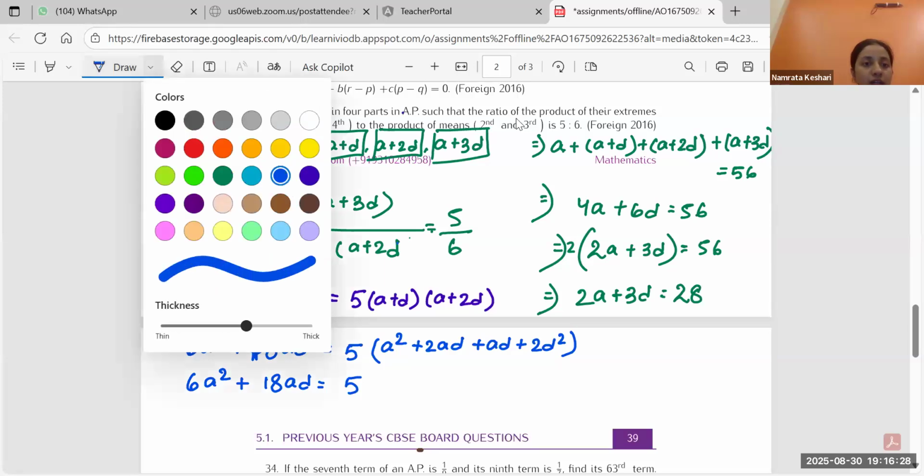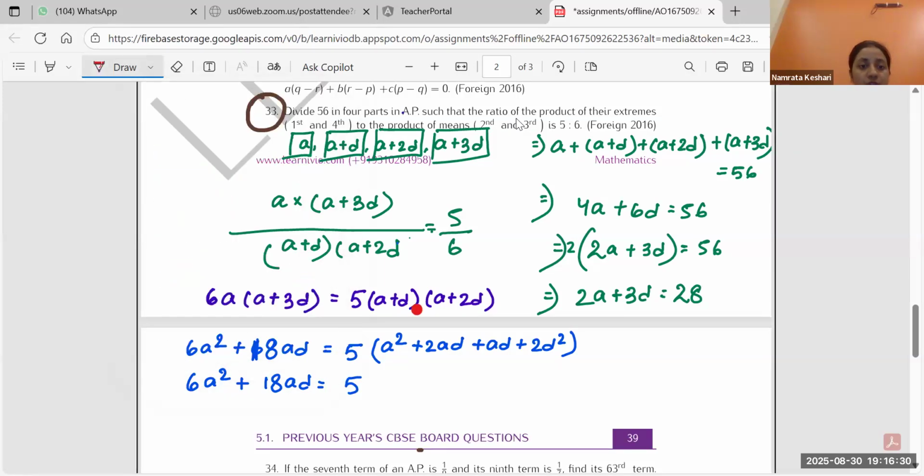A square, AD term, D square. From here you will take out A or maybe D and substitute over here, and you will keep on doing the simplification, and you won't be able to reach the answer easily. Yes, you will be able to reach, but not easily. It will take half an hour, 1 hour.